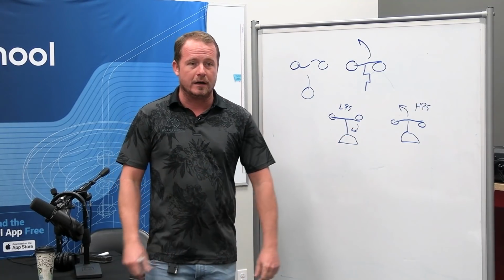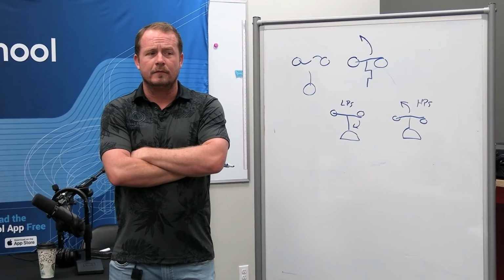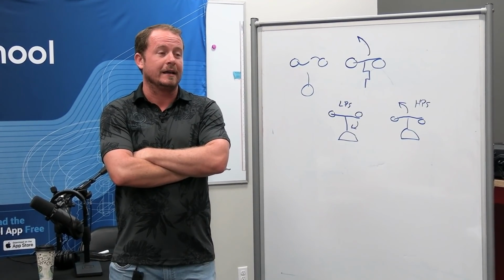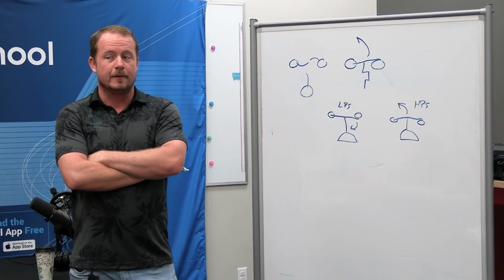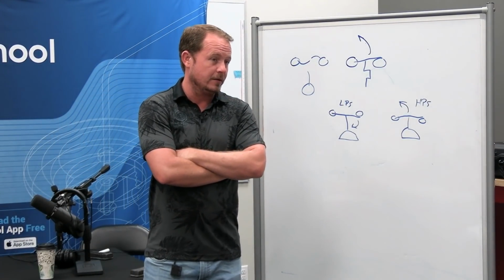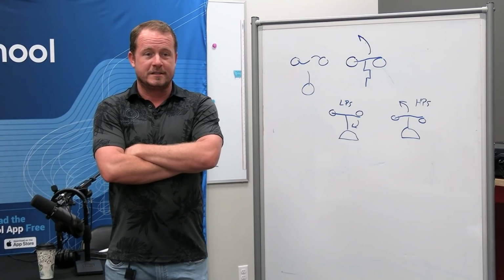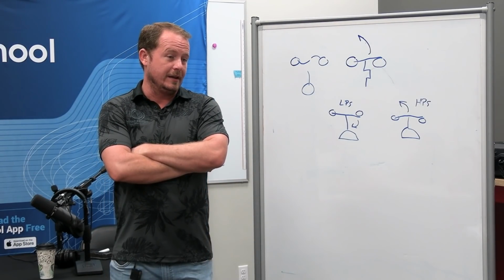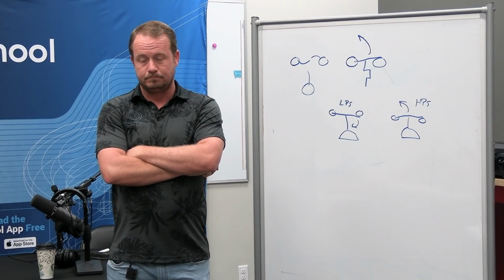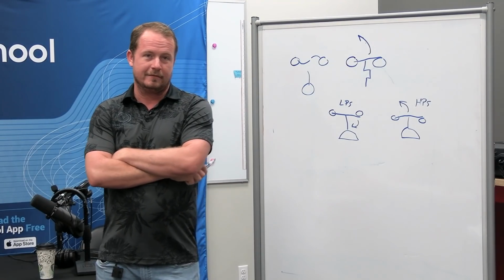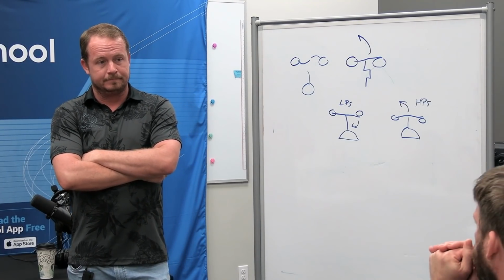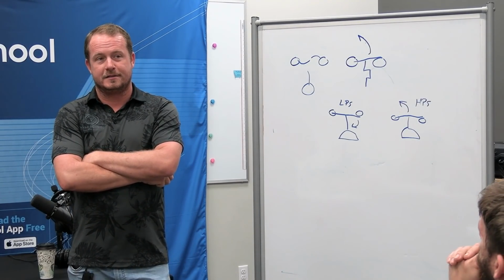What are some things that would cause a high pressure switch to open? High pressure, failed condenser fan motor, in which mode? So on a heat pump, in which mode? Cool mode. A failed condenser fan motor would cause a high pressure switch to open in cool mode. What's something that could cause a high pressure switch to open in heat mode? Blower motor. What else? Overcharge. What else? Dirty filter. What else?